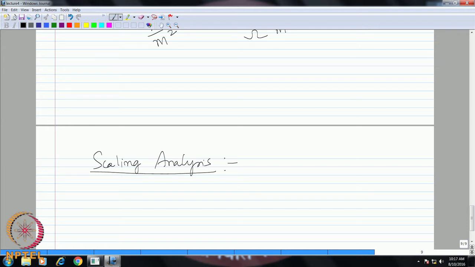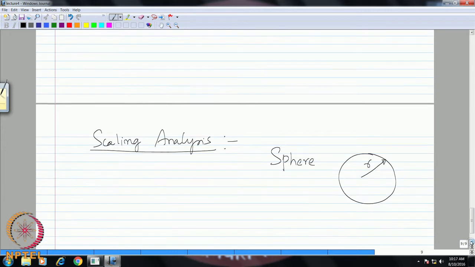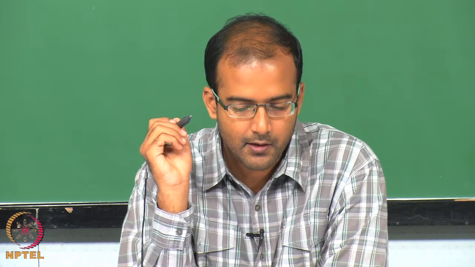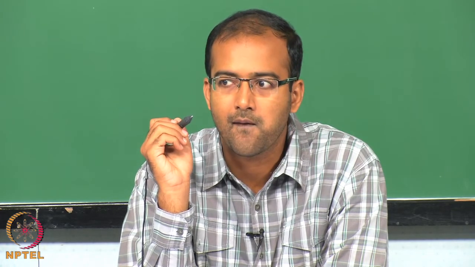Now, if you take the case of a sphere of radius r, and you want to calculate the ratio of volume to the surface area of the sphere, what will this ratio be? 4 by 3 pi r cube over 4 pi r square, which is r by 3.